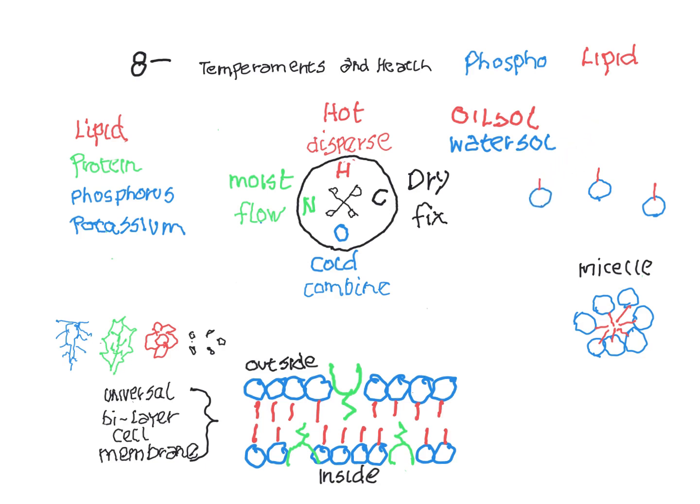But the water-soluble elements have a tendency to link up, and the oil-soluble elements have a tendency to link up. And when they do that, they form a membrane. They form a phospholipid membrane. But the oils are going to be attracted to each other, surrounded by water droplets.